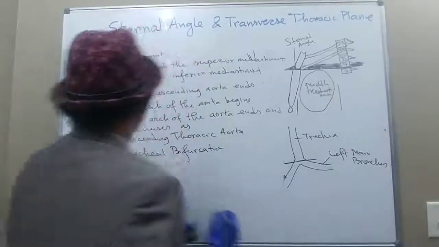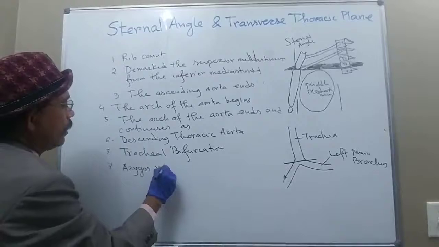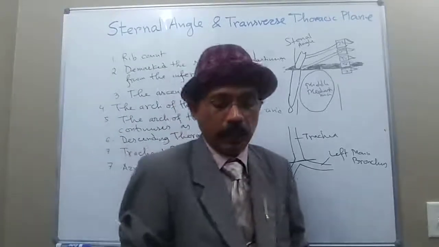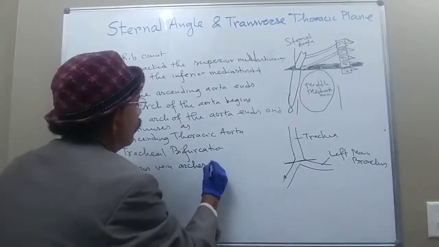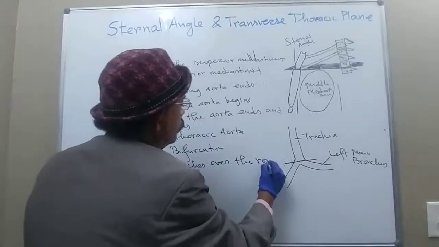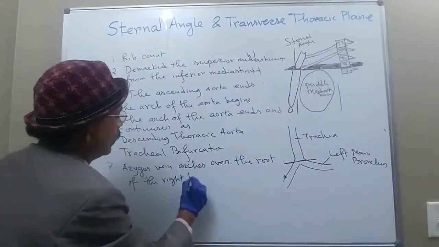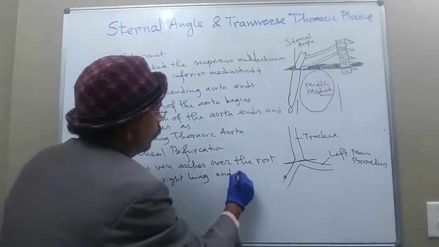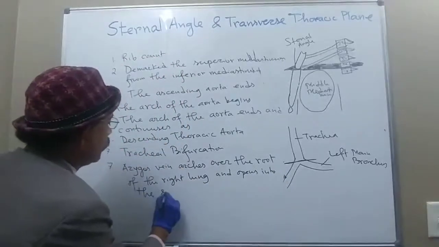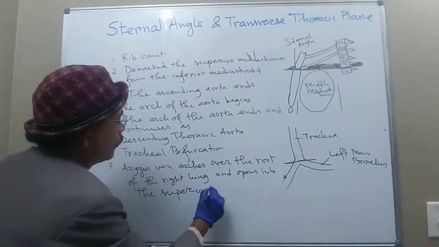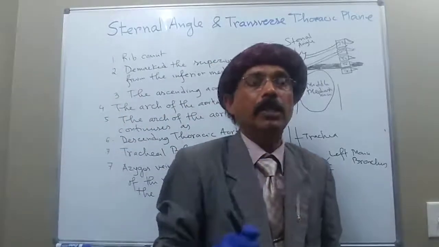Then we have to add the azygous vein. The azygous vein arches over the root of the right lung and opens into the superior vena cava, just before the superior vena cava penetrates the pericardium.